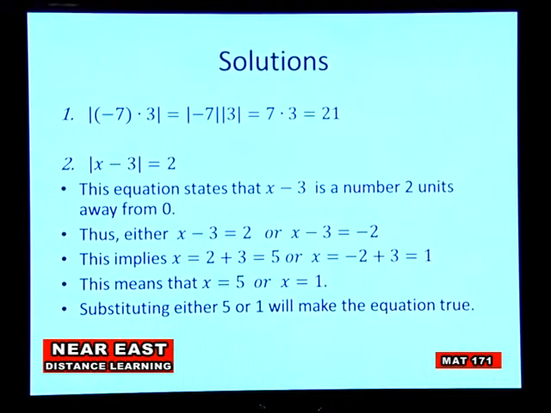So absolute value of x minus 3 is equal to 2. If you look at our definition of absolute value, I said absolute value of a number is the distance between that number and 0. So we say absolute value of x minus 3 is equal to 2. It means the distance between x minus 3 and 0 is 2.